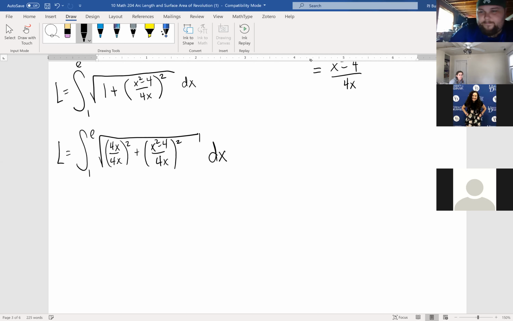Why did you do that? Well, I did that because I want to get rid of the fraction altogether. So if I rewrite 1 as the same thing as the denominator here into that power, then I can make this integral look like this.